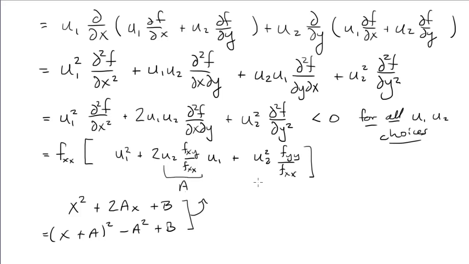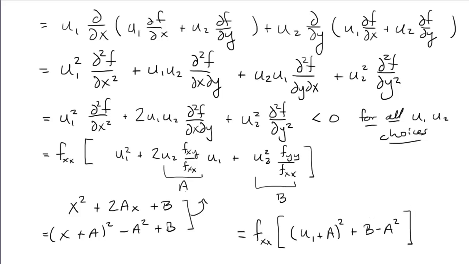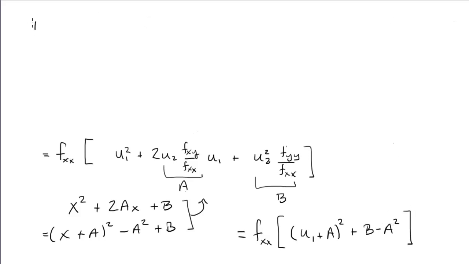So u1 is my x, there's my a, there's my b. So it's the second x derivative, a square term, and a term with uncertain sign. So let's look at that term more closely.